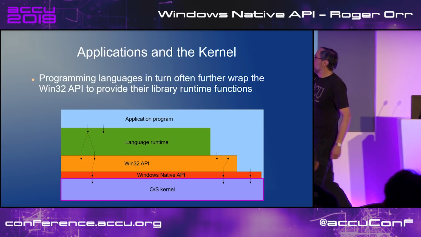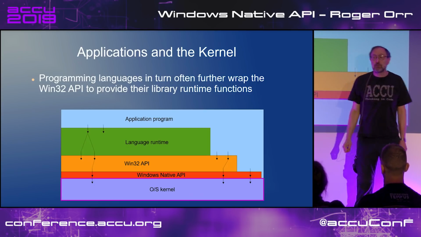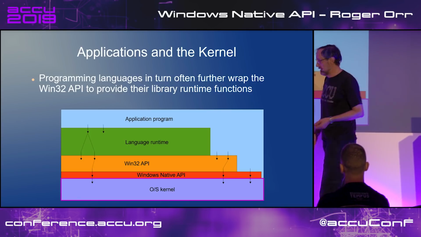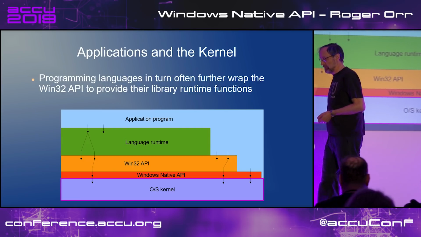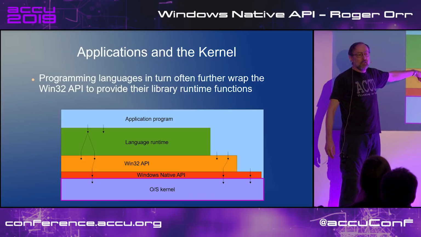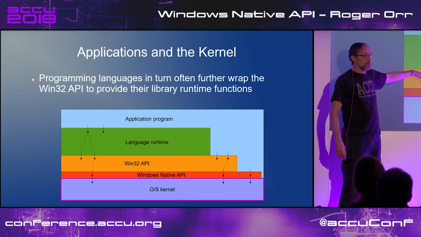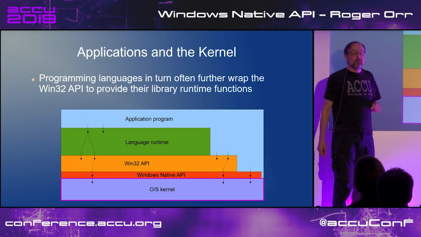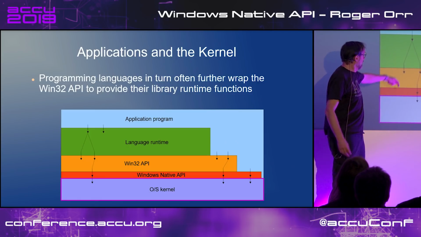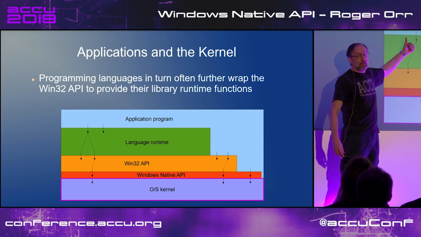So, we call stuff in probably our language runtime. And some of the things we call in the language runtime stay in the language runtime. And others of them go down and call into the operating system API, the Windows 32 subsystem. And some of those stay in the Windows 32 subsystem, but not all of them. Some of them go further down through the Windows native API into the kernel and come back up.